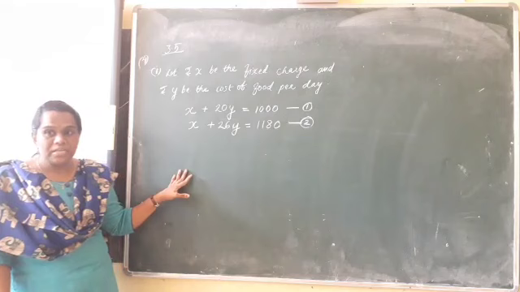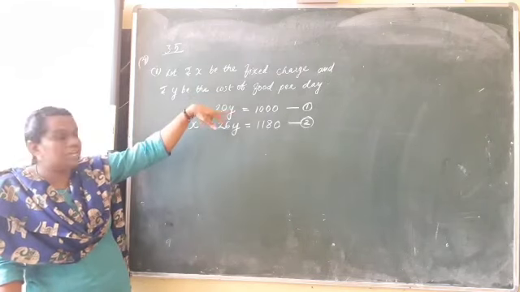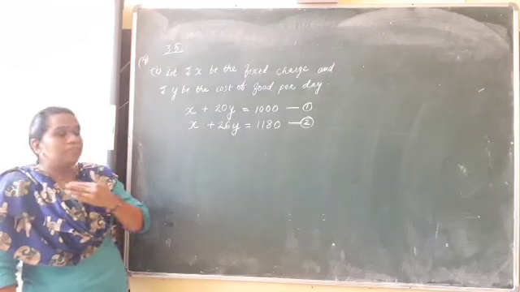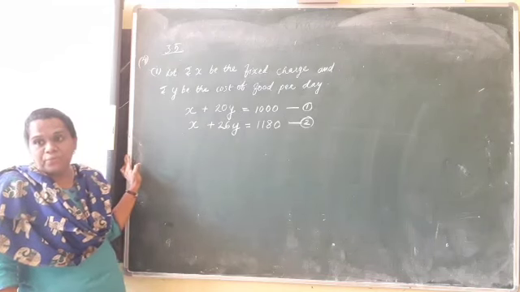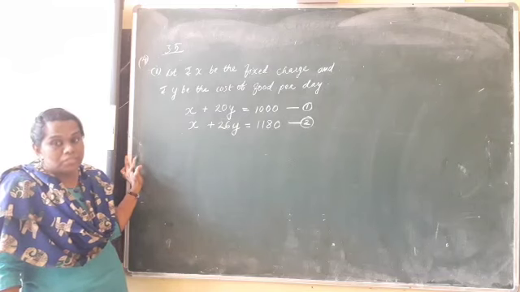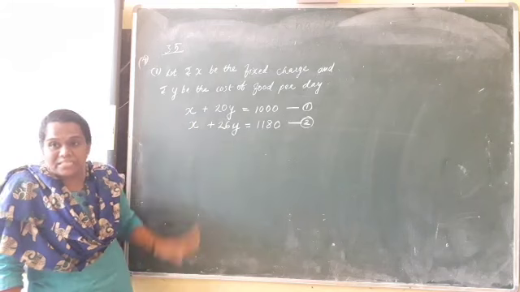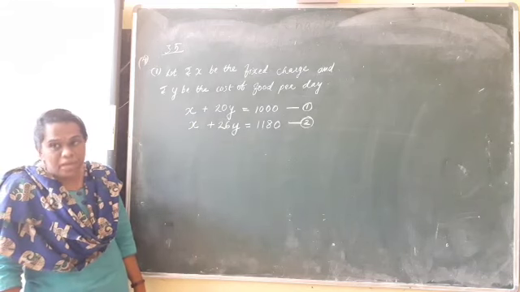Let's simplify this. We are going to find x and y. x is the fixed charge and y is the charge for food. Clear? Then which method is convenient for you? Either elimination or substitution. If the coefficients of x are the same, we can eliminate by subtracting.